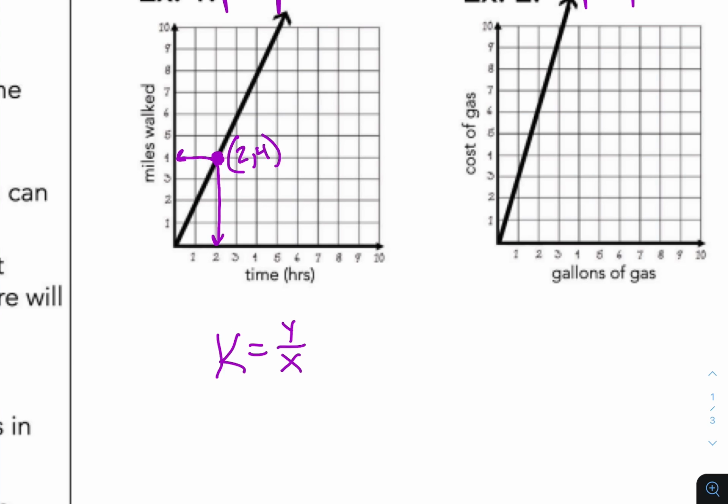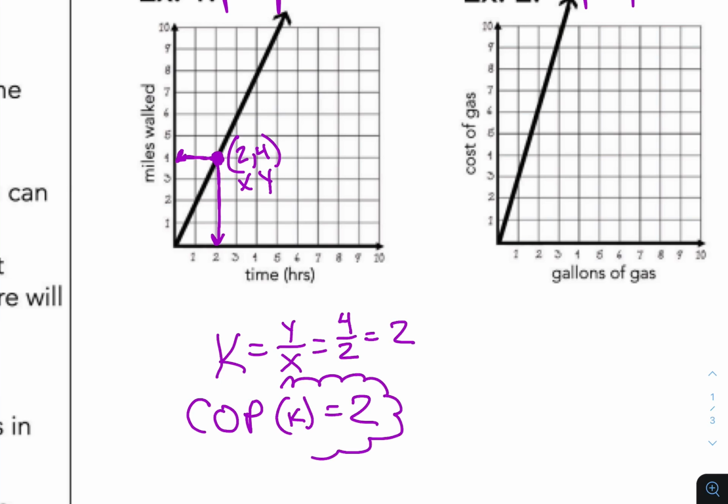We know this because 2 is the x value, and 4 is the y value at this point. Now we can just plug it into our equation for the constant of proportionality. Y over x, 4 over 2, that simplifies to 2. So our constant of proportionality, or K, is equal to 2. And that is our final answer.